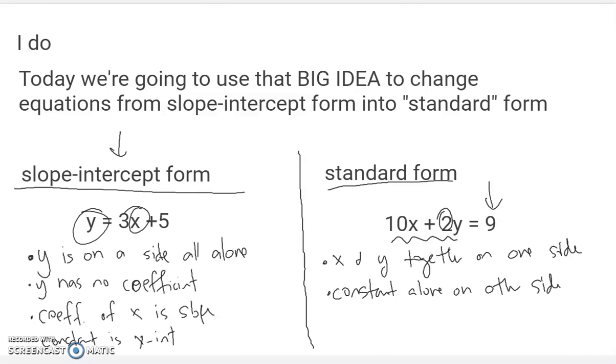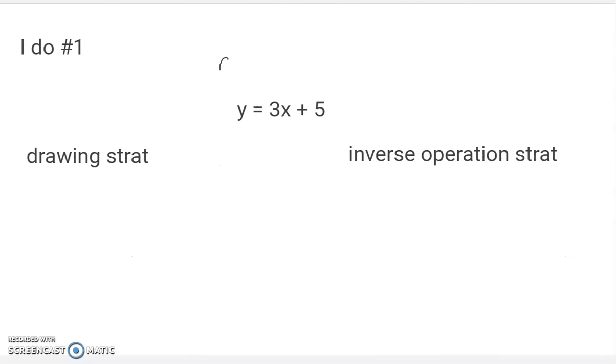And you'll notice too, y might have a coefficient now. It might not. Today's examples are not going to. But y might have a coefficient. And that's different as well. So slope-intercept form, you have y equals, and x is on the other side with its stuff. Standard form, the x's and the y's are together on one side, and the constant's alone on the other. So what we're going to do today is change this to standard form.